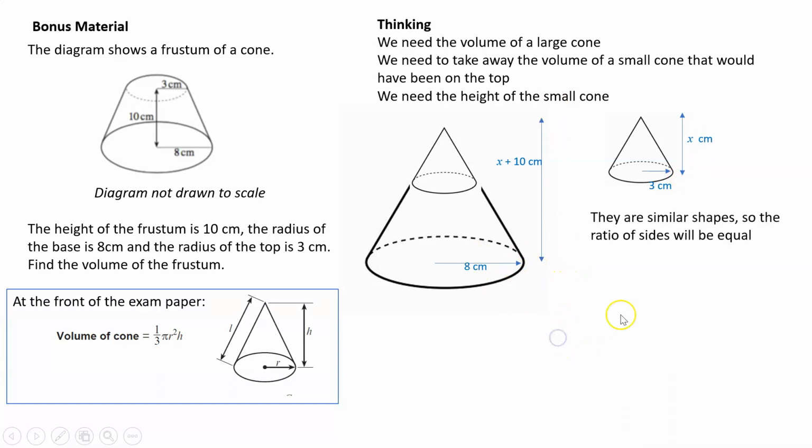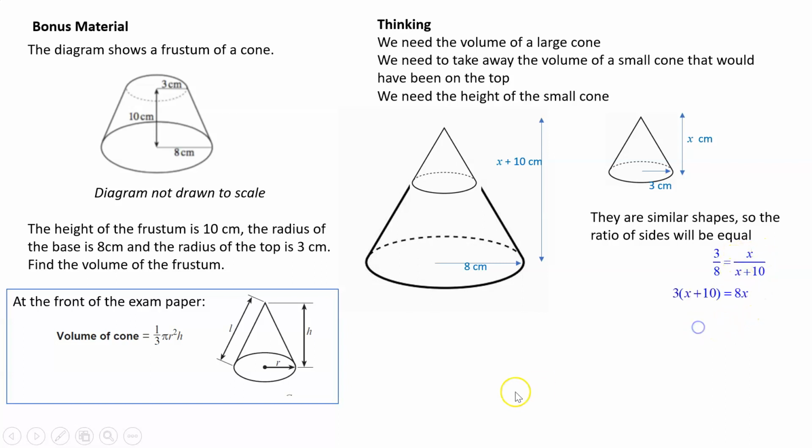They're similar shapes, so the ratio of the sides will be equal. So we've got a 3 and an 8, so the ratio 3 to 8 would be similar to x over x plus 10. If you start with the 3, you must start with the x on the other side. So the small to the big equals small to the big, or the other way around.